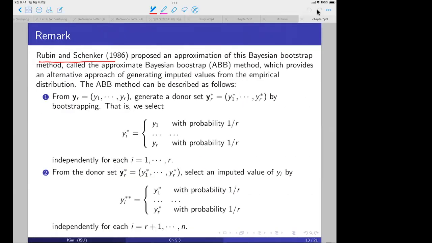That is another way of viewing this problem. So given YR, you generate the donor set, which is a kind of population. You do a bootstrap once, and then from there, you do another bootstrap. And this is your imputation data. That turns out to be approximately the same as the Bayesian bootstrap. So that's why we call it ABB, approximate.